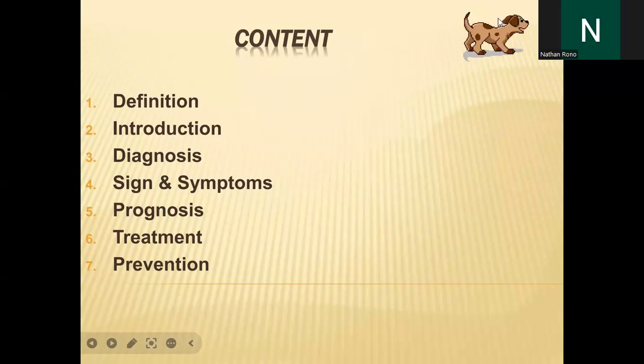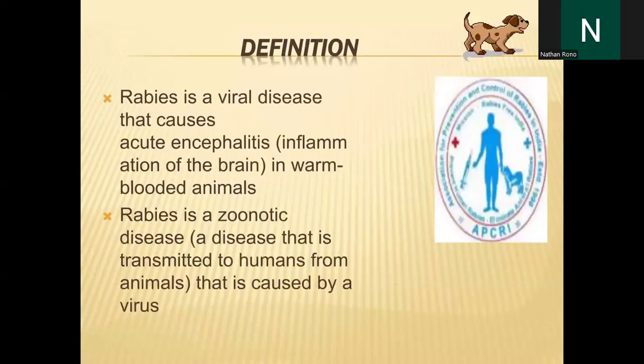Why do you think I've put a dog here? I want you guys to tell me. Why do you think I've put a dog when we're talking about rhabdoviridae? It's spread by dog bite. Good. So you know about rabies before we talk about it.